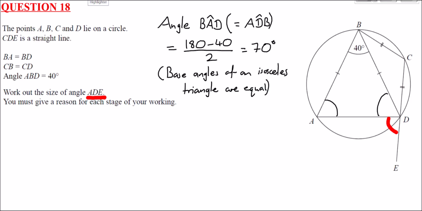So we can label in that BAD is 70 degrees, and also ADB. So they're both 70, so that will go some way to helping us solve this problem. So I'll just colour code these in as well, because I can, and why not? A bit of colour never hurt anybody, did it? So just popping these in like so.